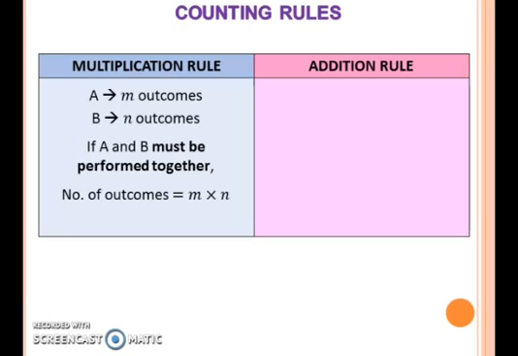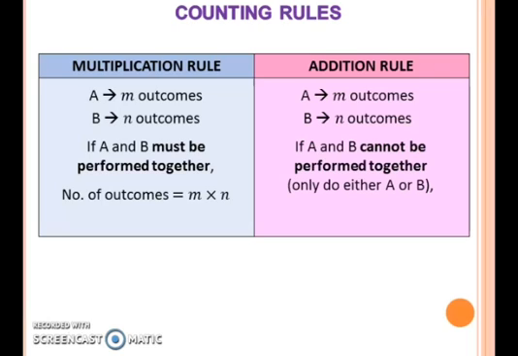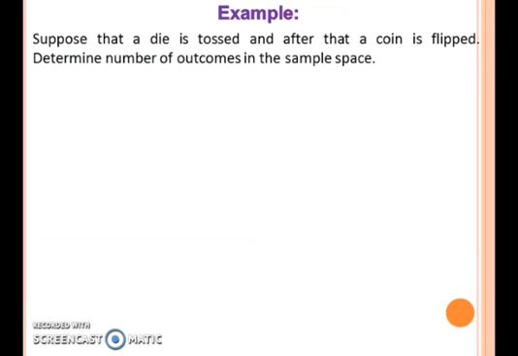Addition rule says that if action A has m outcomes and action B has n outcomes, and if A and B cannot be performed together, that is, we only do either A or B, then number of outcomes altogether is m plus n. Let's look at an example.